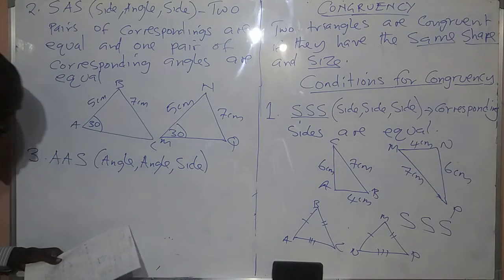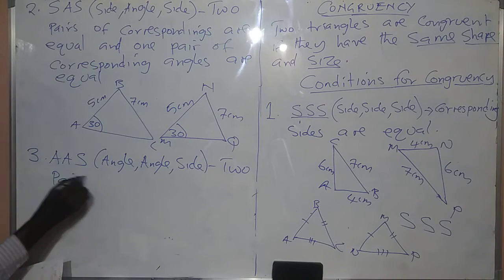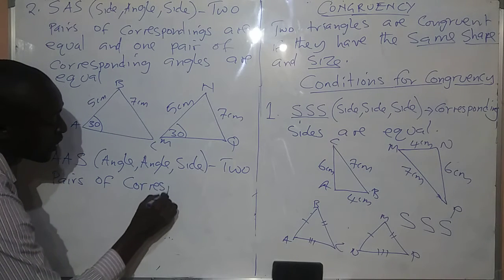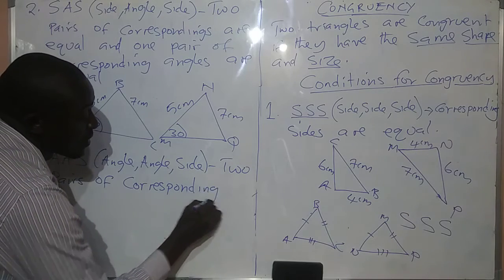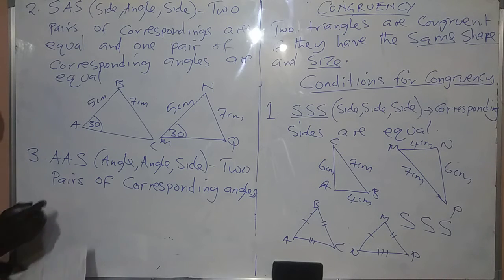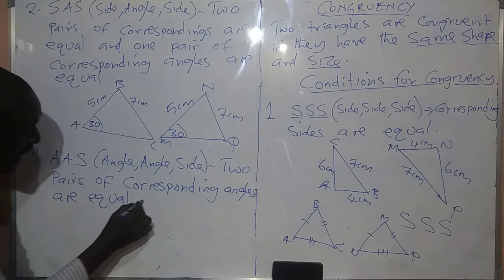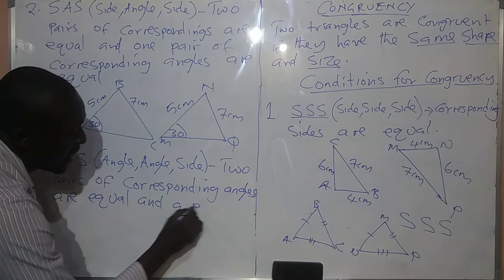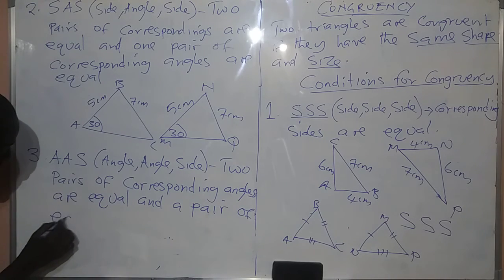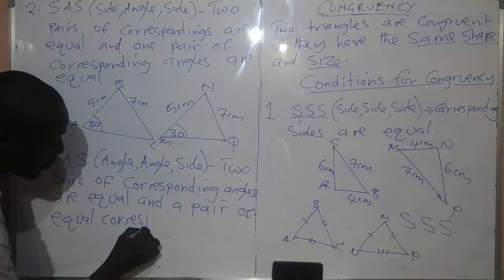Okay, angle side, which says two pairs of corresponding angles are equal, and a pair of equal corresponding sides.